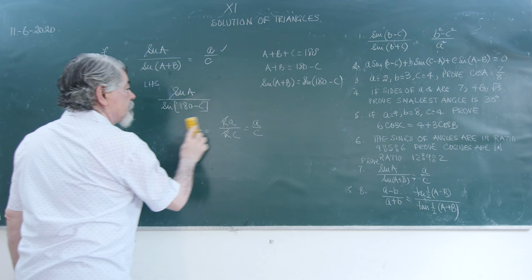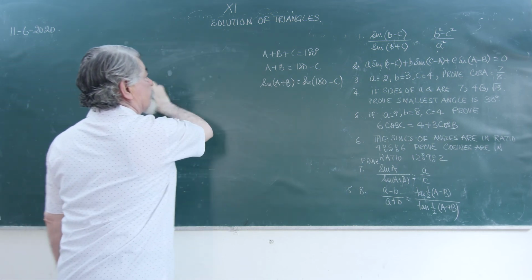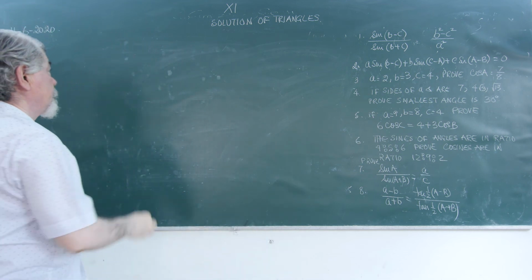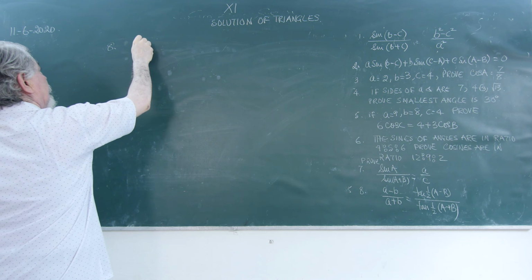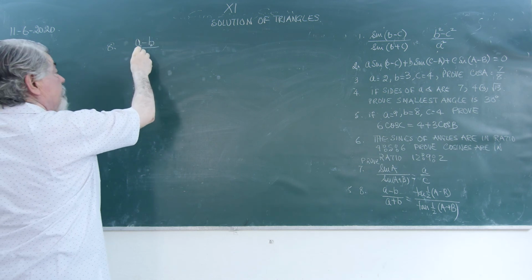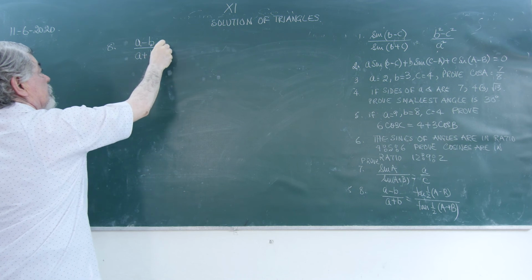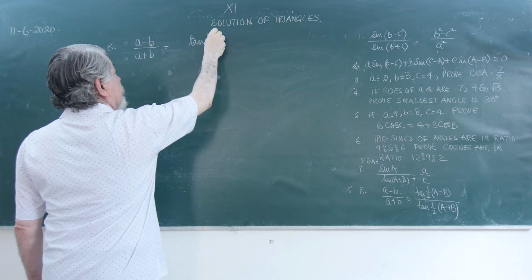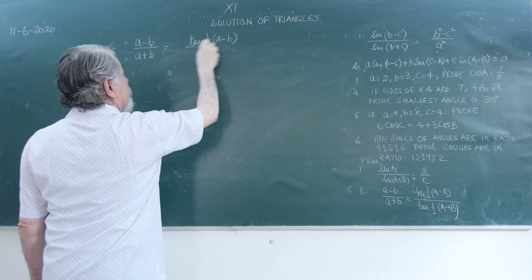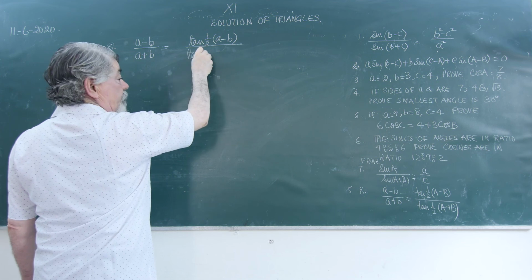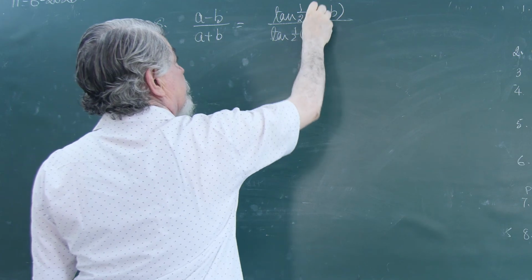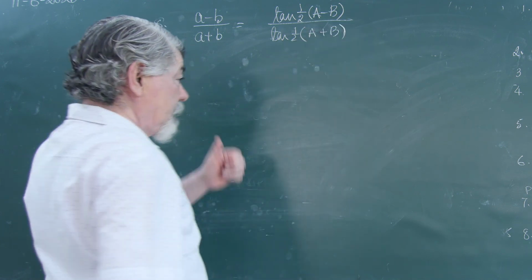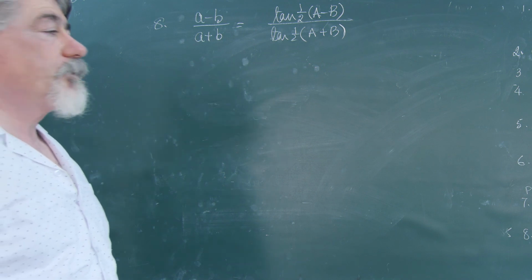Now let us see question number 8. We have to prove a minus b upon a plus b is equal to tan half A minus B upon tan half A plus B. This is capital A, this is capital B. The angles are always capital, and the sides are written in small letters.